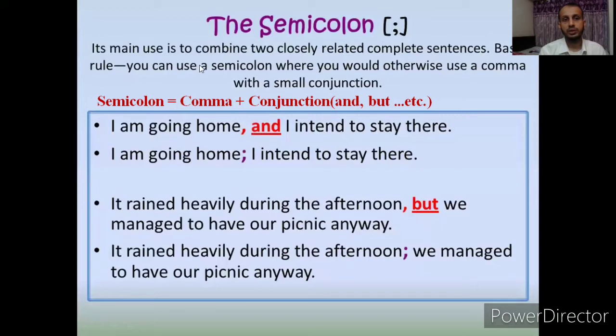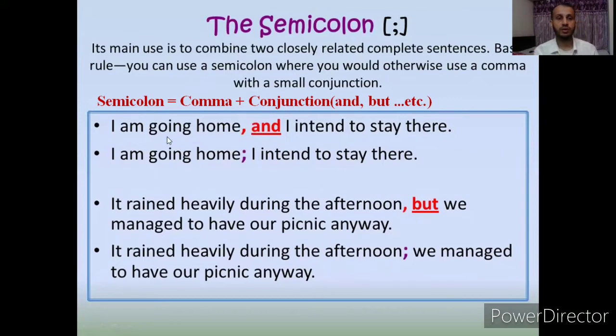Basic rule: you can use a semicolon where you would otherwise use a comma with a small conjunction. So, dear learners, there's a diagram. With this diagram, we can describe this part. Semicolon, comma plus conjunction, and, but, etc. These are equivalent in function to a semicolon.